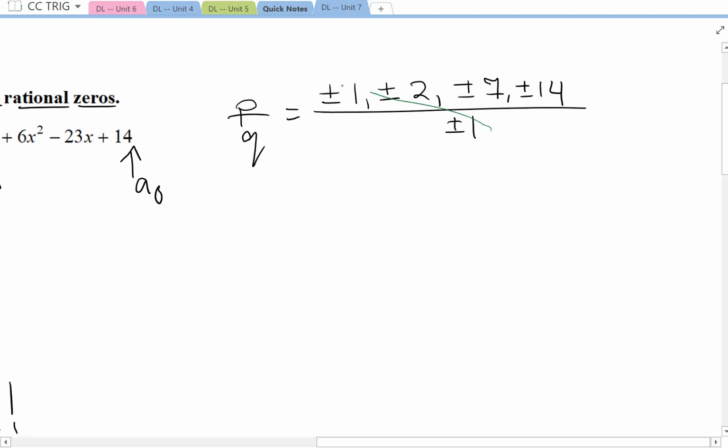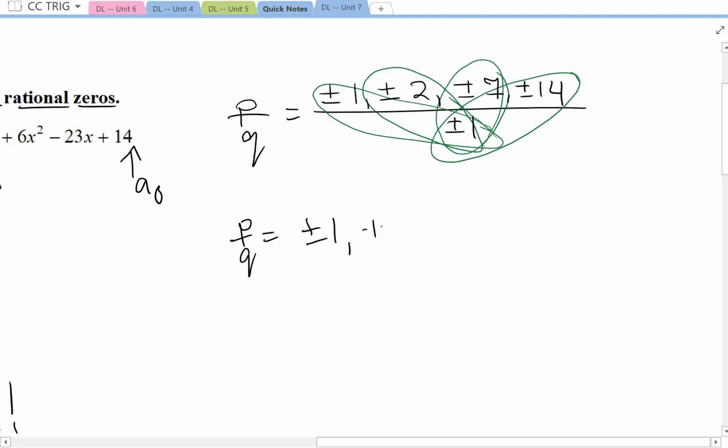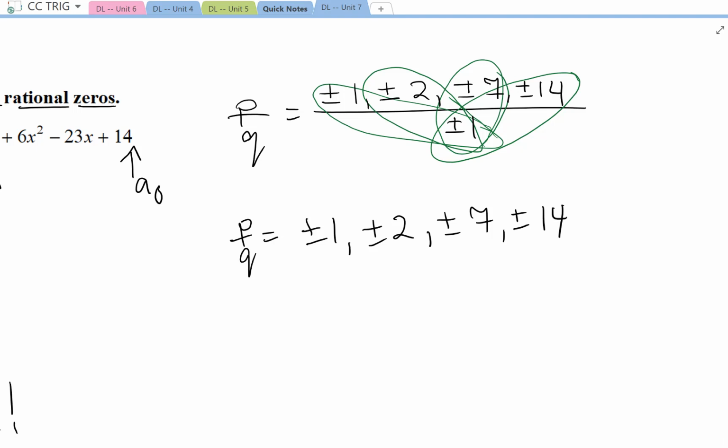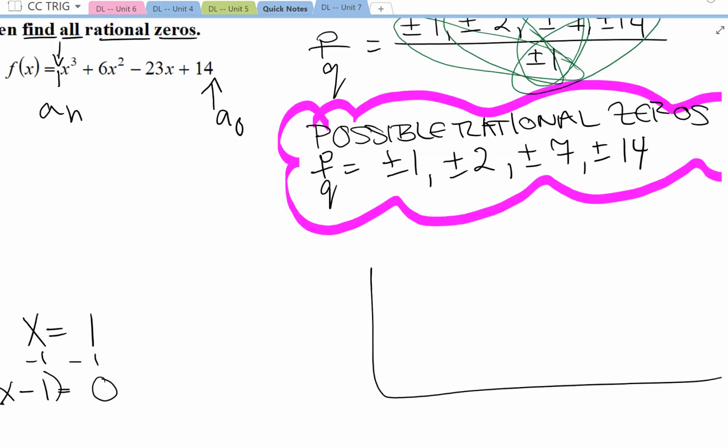Okay, this one's going to be pretty easy. Each of these needs to be divided by plus or minus 1, which leaves it as it is. So plus or minus 1, plus or minus 2, plus or minus 7, plus or minus 14. These are my possible rational zeros.